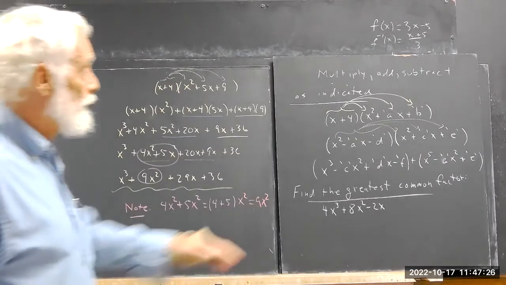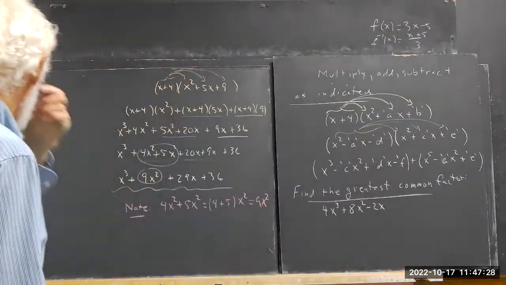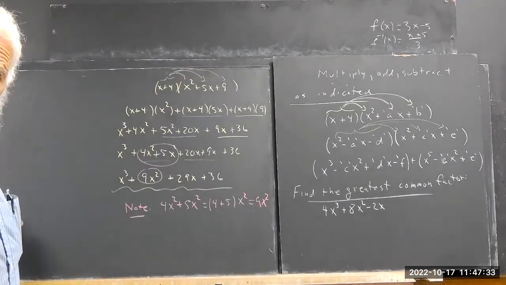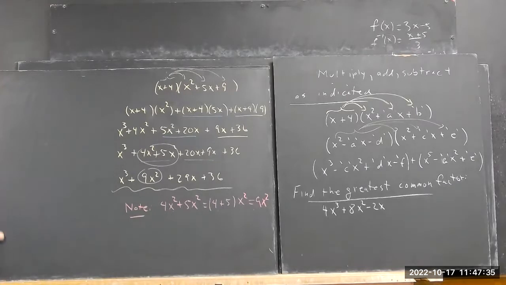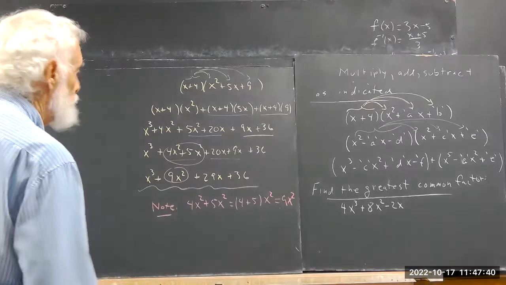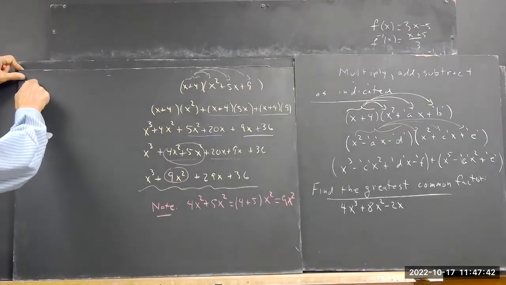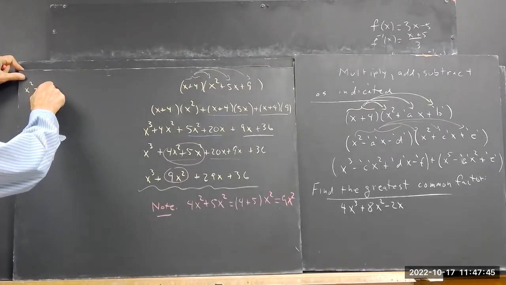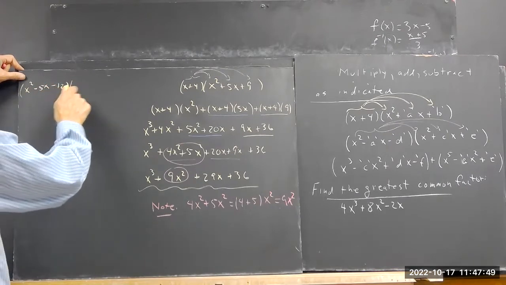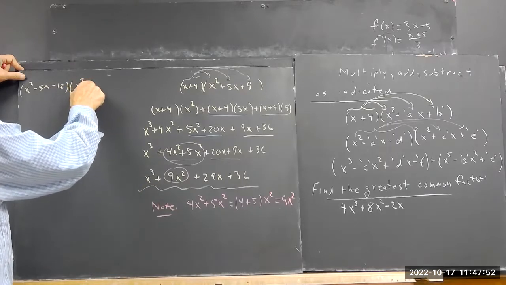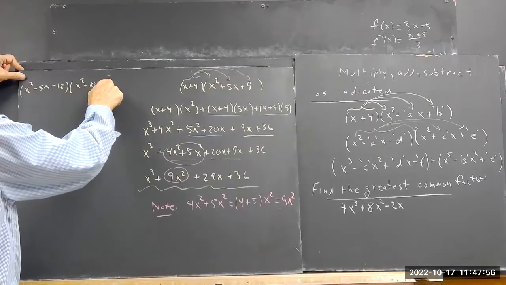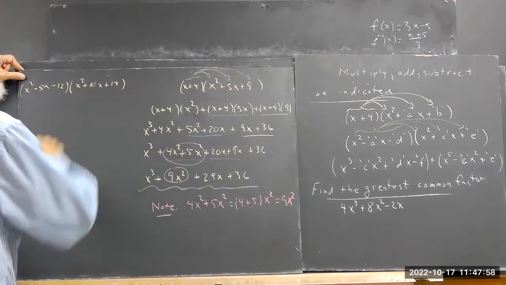Okay, well, let's go ahead and I'm going to work this one out. Make sure I've got enough room. So let's say we've got x² minus 5x minus 12 multiplied by x² plus 10x plus 14.